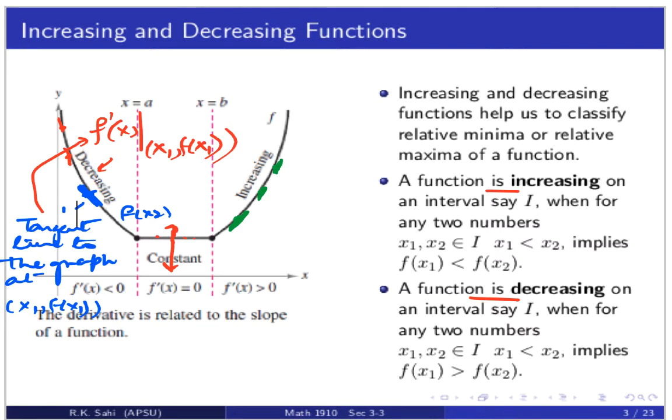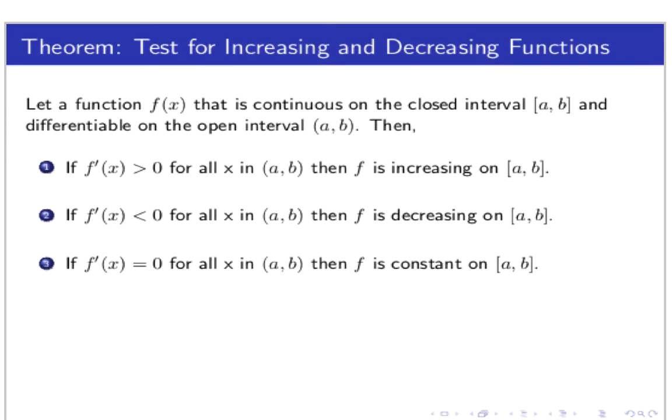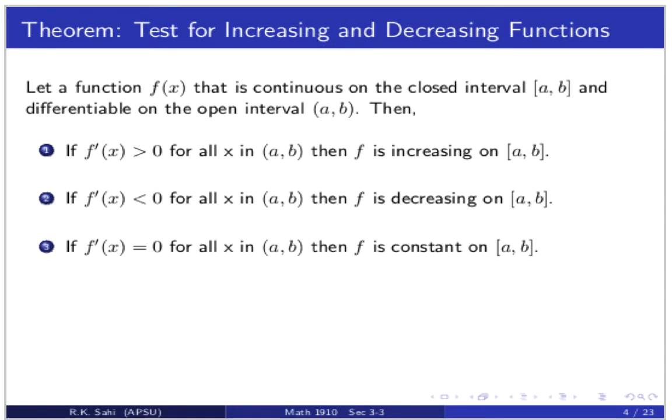Okay, so let's look at the test. How do we figure out the test? We've already done the concept, we're just going to put it in a more formal manner. Let f of x be continuous on a closed interval and differentiable on the open interval. If the derivative is positive for every x in the open interval, we say the function is increasing on the closed interval.